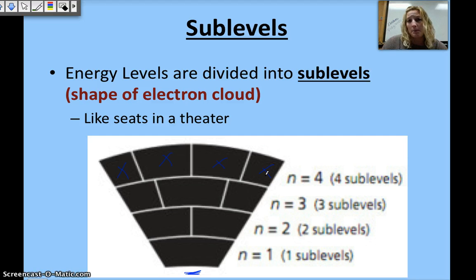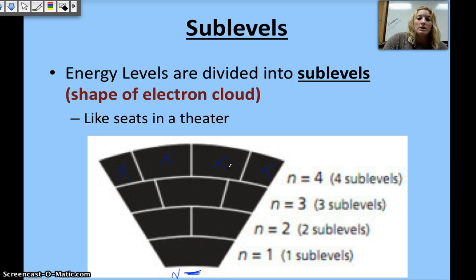The same thing happens with electrons. The further you get away from the nucleus, the more sections those electrons could be in. We call these sublevels or just different shapes of electron clouds.